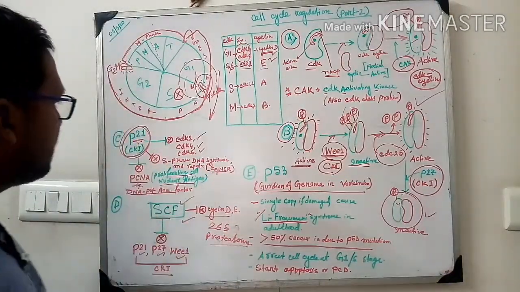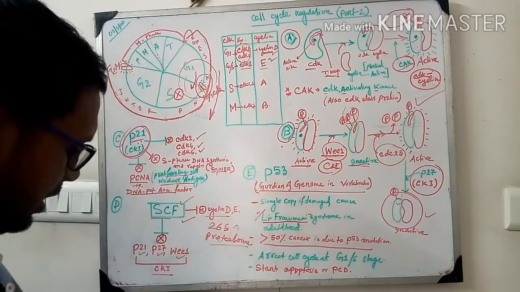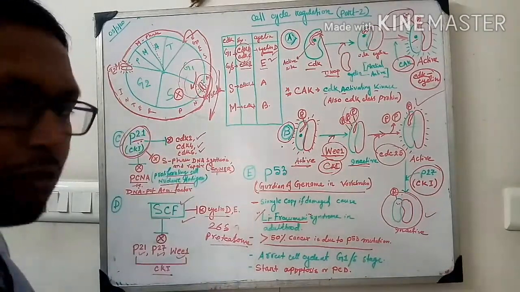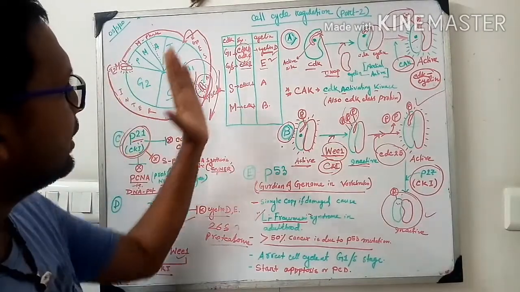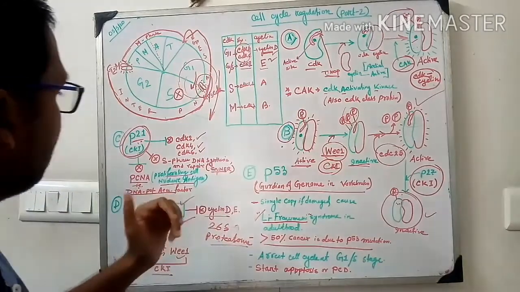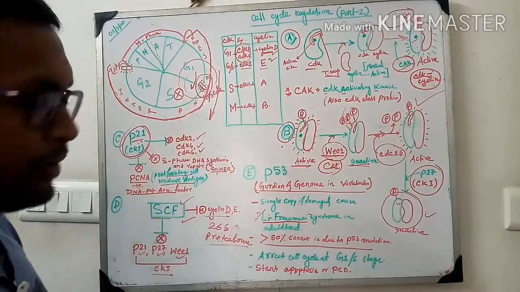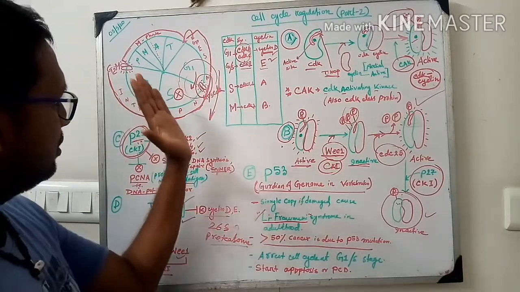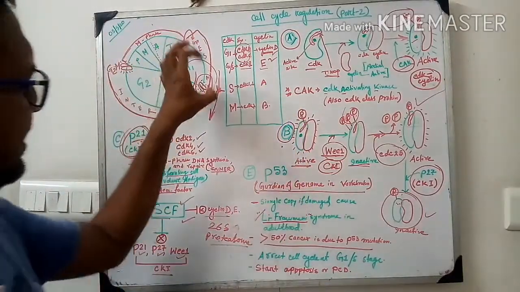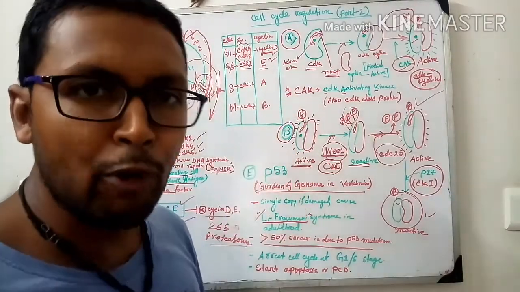P21 functions by inhibiting CDK4, CDK6, CDK2, cyclin D, and PCNA, and also inhibits the DNA synthesis phase. So these are the regulators of cell cycle progression.